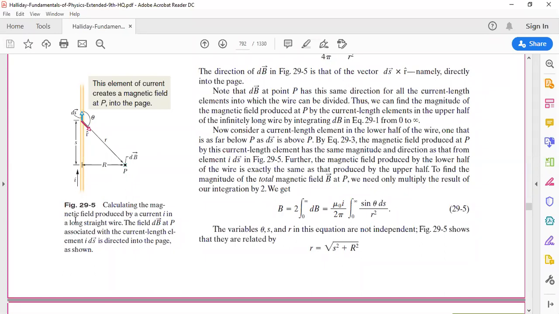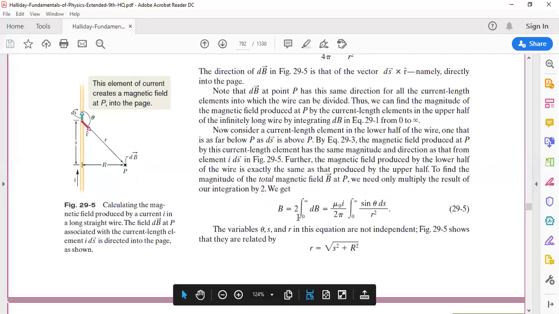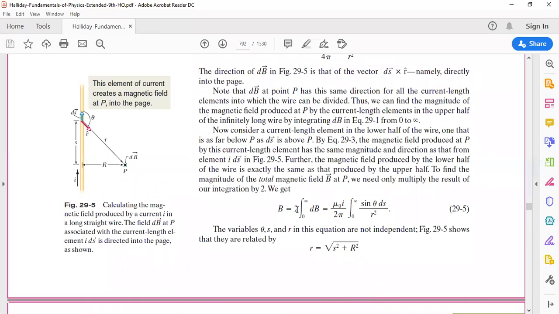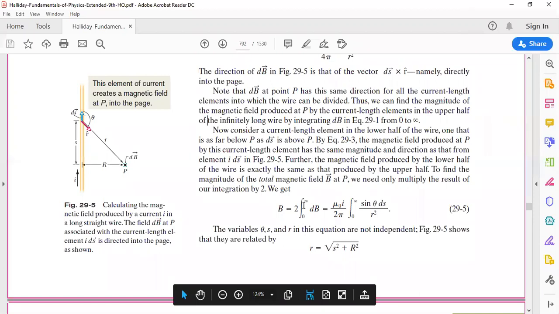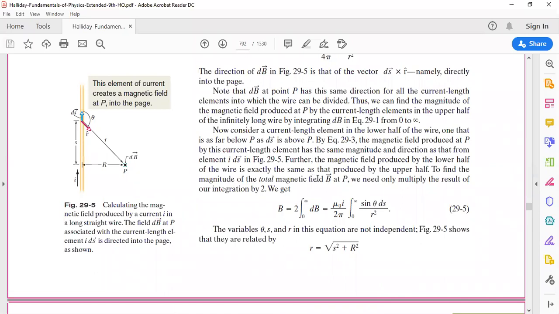That is why we put the 2 in front of the single integration symbol, 0 to infinity, because we don't know the length of the wire. So 0 to infinity is the limit of the integration. We can take it as an infinite wire. So putting equation number 29.1 into this equation, we get this one.